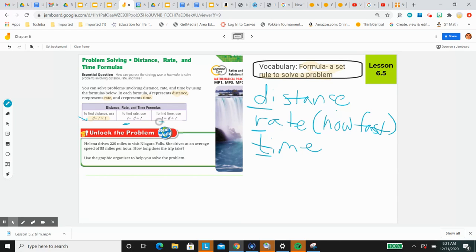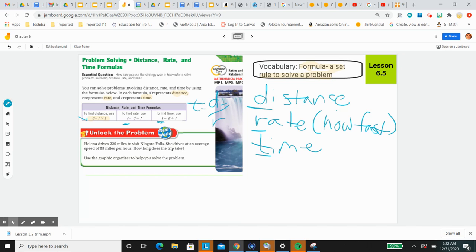If I want to find time, I'm going to do the same thing. You notice the letters, though, have switched. Another way you can write this one is T is equal to D divided by R. Remember, this sign means to divide. Okay, let's go ahead and take a look at our problem and unlock the problem today.